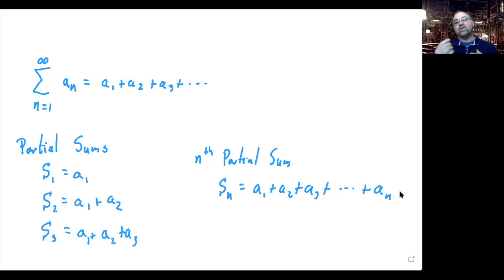And that's how we define convergence formally with our infinite series. We say, look, if you look at the sequence of partial sums, then if that sequence converges to a value, then we can show that the series converges to that value.